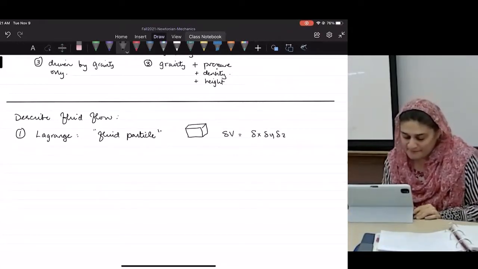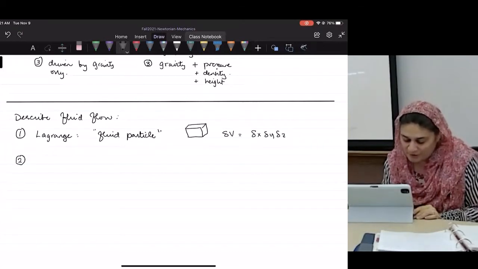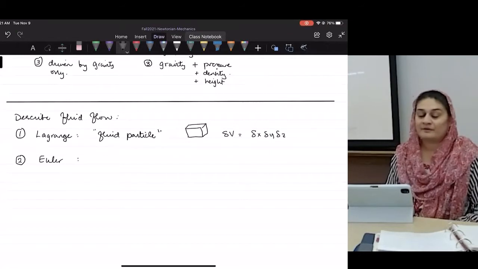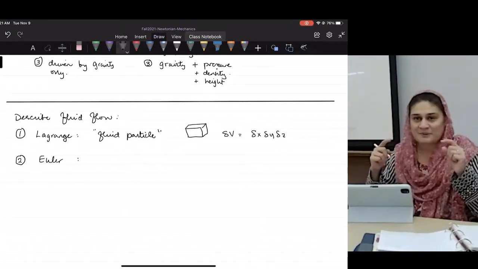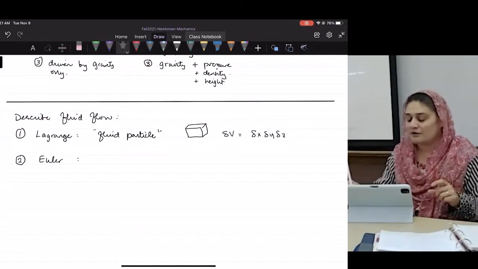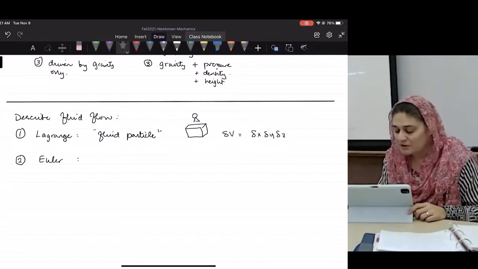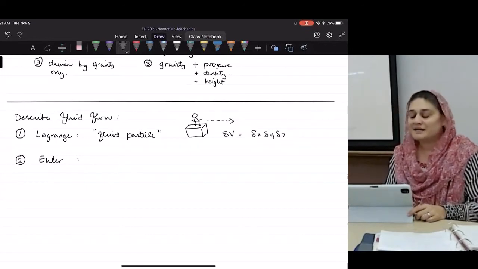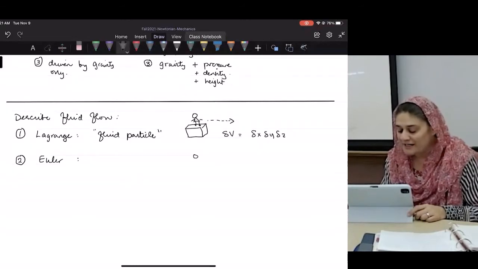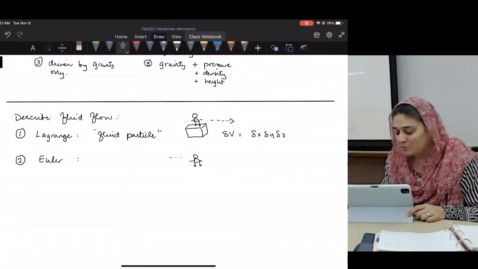So, number two, a guy called Euler said, think about it this way. Instead of thinking of you sitting on this fluid particle moving down with the flow, what if I just stand at one spot and watch as the fluid flows through?